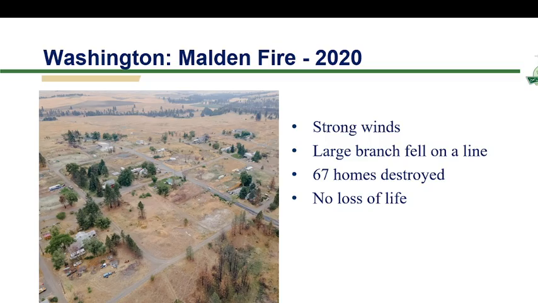As a result, the fire caused significant destruction, with 67 houses lost in a very short period of time. Despite the scale of the damage and the speed at which the fire spread, it is worth mentioning that there were no losses of life, reflecting effective emergency response and evacuation efforts. So this event serves as a powerful example of how extreme weather conditions can amplify wildfire risk and impact communities in our systems.